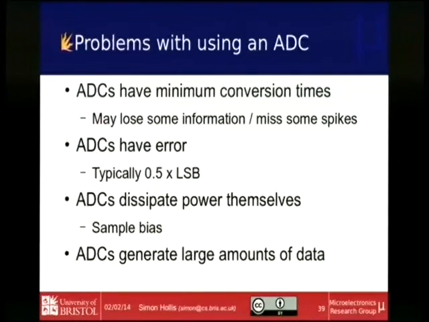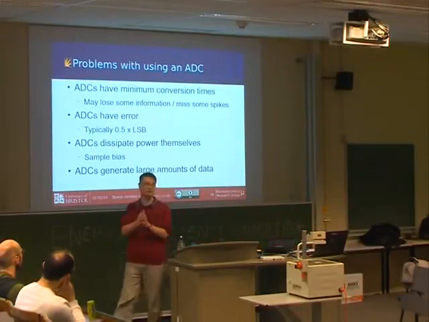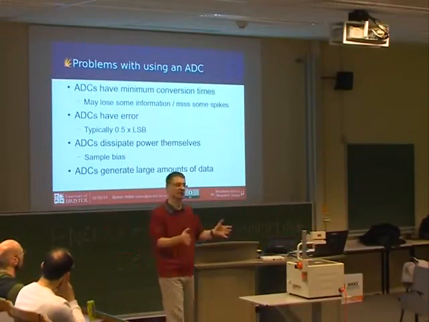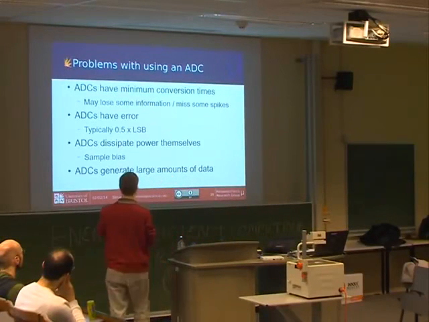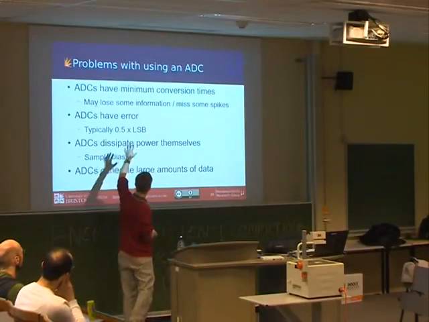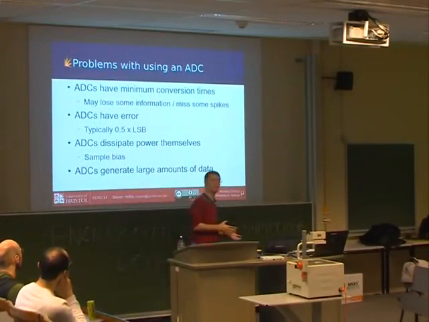The other problem you have with this device is the analog-to-digital converter part has a built-in error, because what you're doing is taking a continuous quantity, which is voltage, and producing a binary value which has a fixed number of digits. So you can have error, and that's almost always half of a bit.